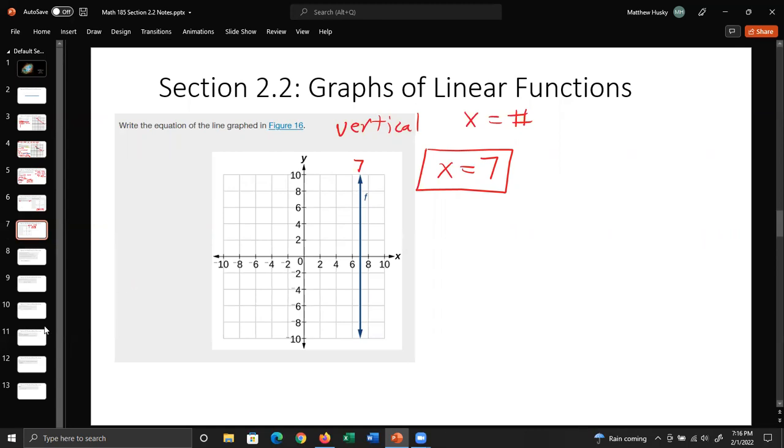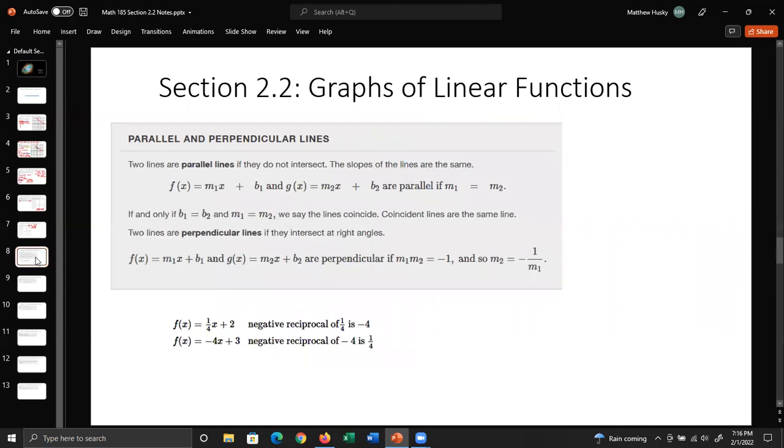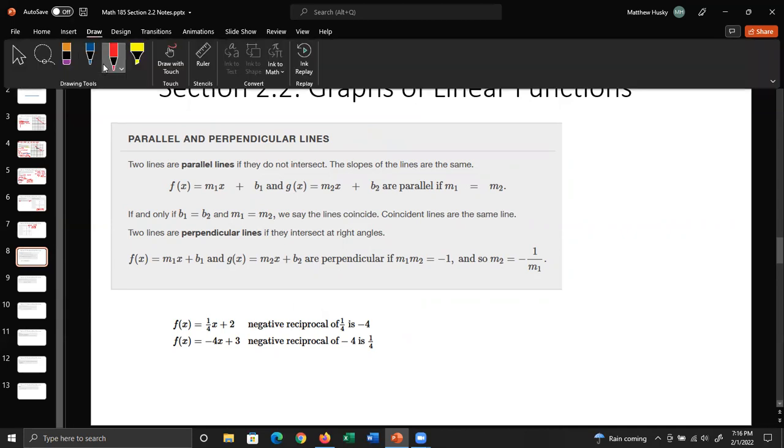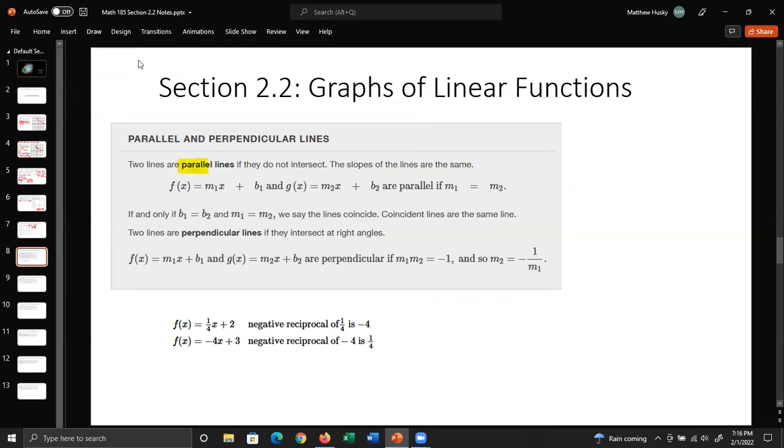All right, what else do we have going on here? So then we have parallel and perpendicular lines. The definition of lines that are parallel: they do not intersect, and the slopes are the same. So basically, if they keep going up and over by the same amount, they're never going to cross.